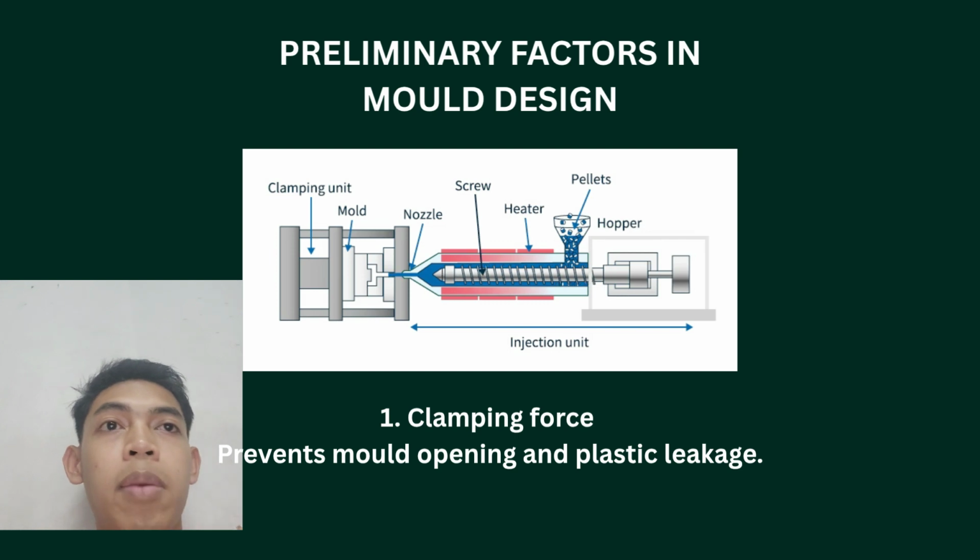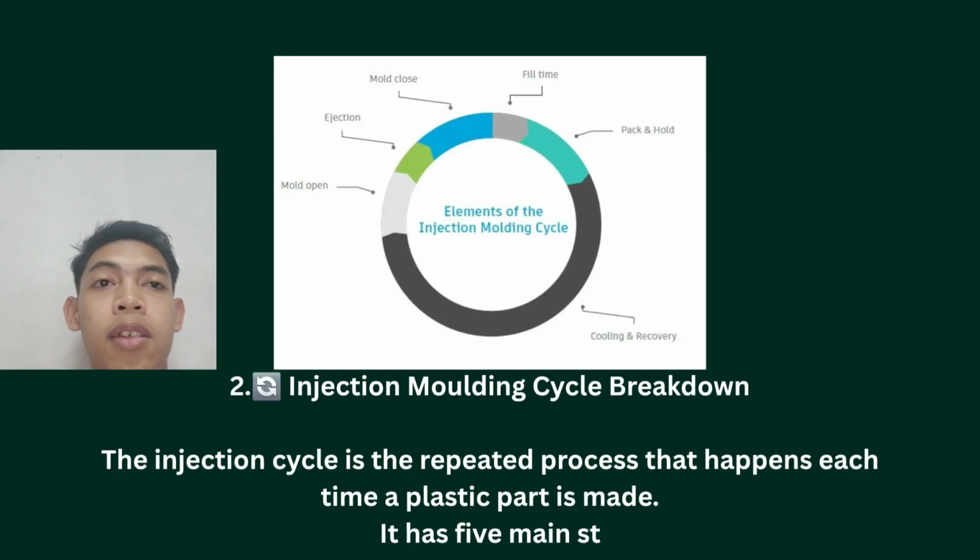Next are the primary factors in mold design. First is clamping force, which prevents mold opening and plastic leakage. Second is injection molding cycle breakdown. The injection cycle is a repeated process that happens each time a plastic part is made. It has 5 main stages: mold open, ejection, mold close, fill time, pack and hold, and cooling and recovery.